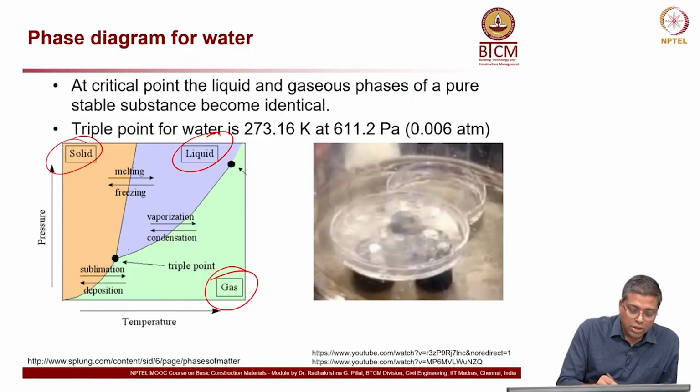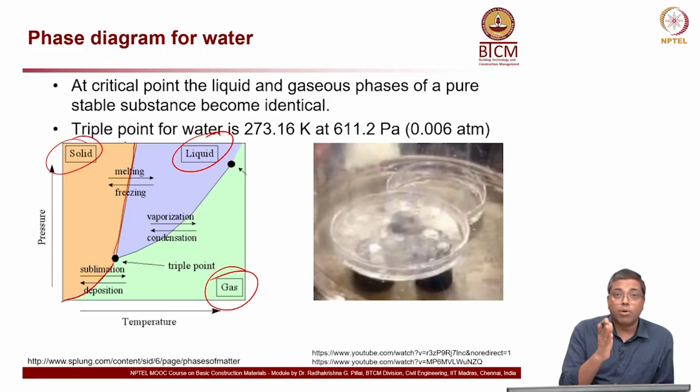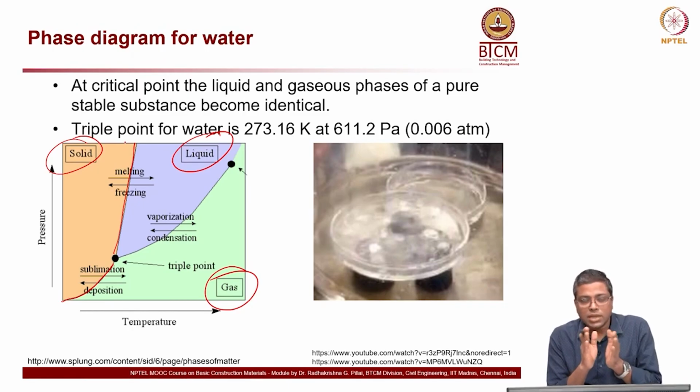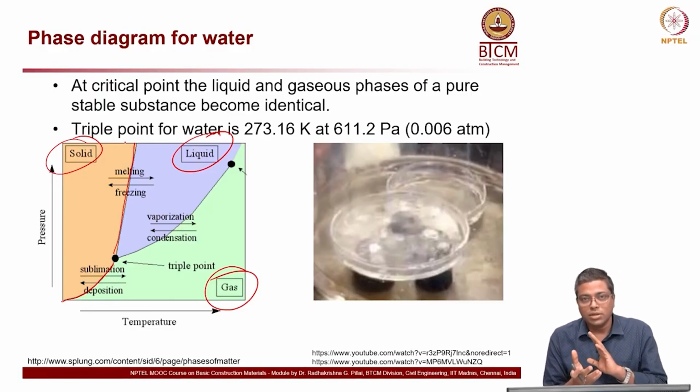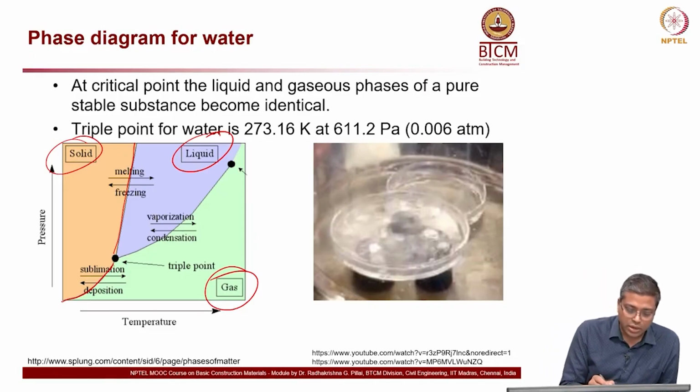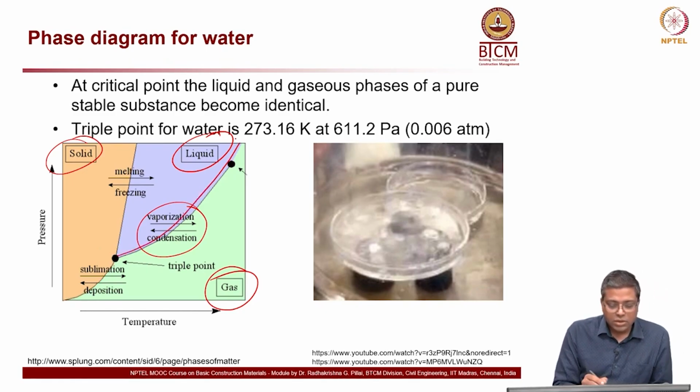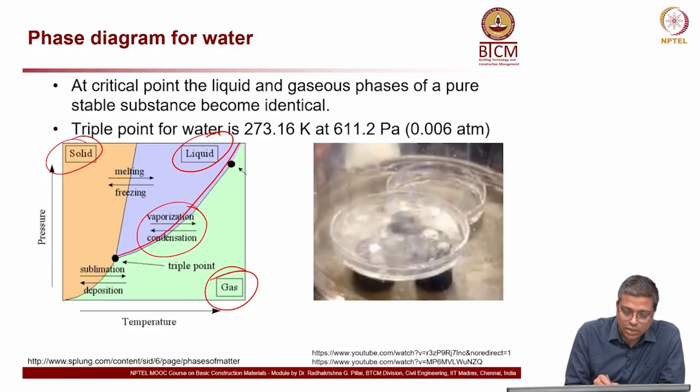If you follow the border between each of these phases, at that border, when there is a slight change in either pressure or temperature, the phase will change from one to the other. For example, if I take this curve here, a slight change in the temperature, that is, moving in the horizontal direction.